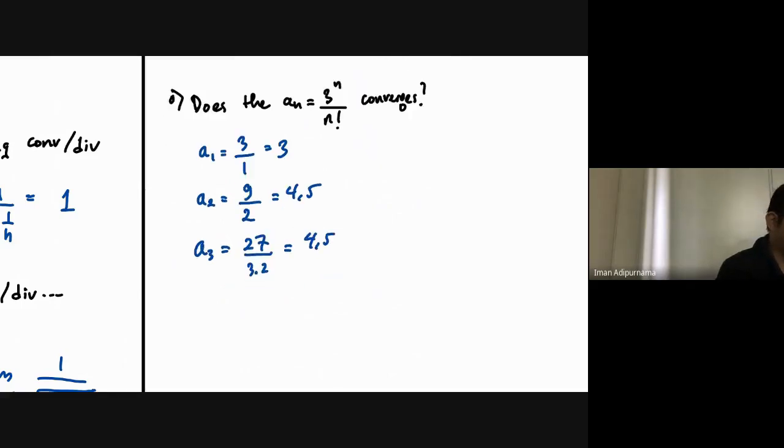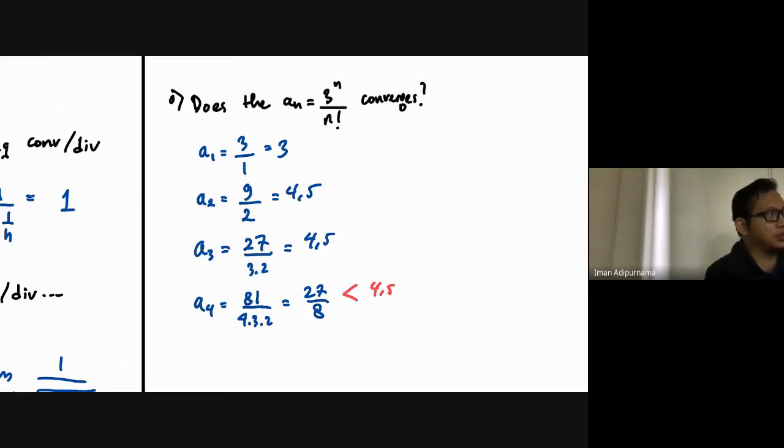And increase one more time. This is 81 divided by 4 factorial, 24, right? So it will be at least 27 over 8, which means it's less than 4.5, right? And if you keep increasing n, eventually the number will get smaller. Okay?